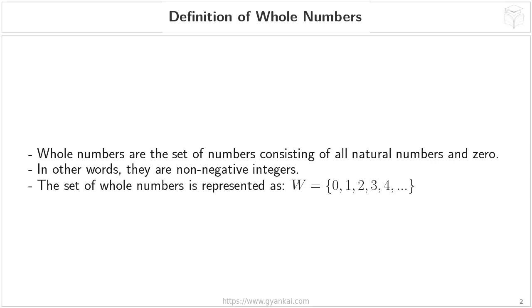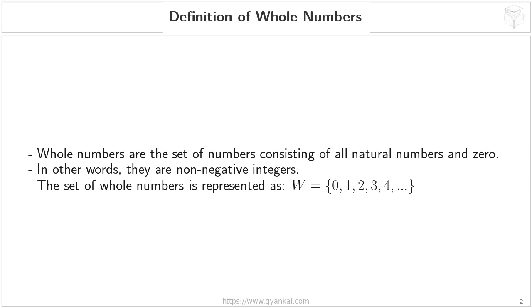Finally, we have a way to represent the set of whole numbers mathematically. You see this notation. W equals an opening curly brace, 0, 1, 2, 3, 4, and then 3 dots. What this means is that W is used to represent the set of whole numbers. The curly braces indicate a set, and everything inside them lists the elements of that set.